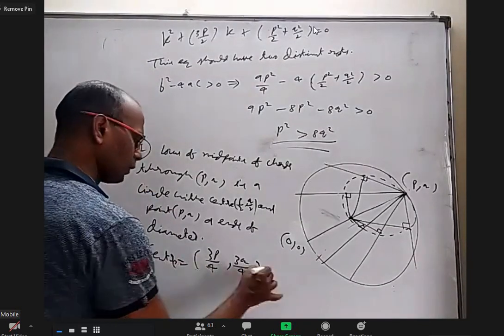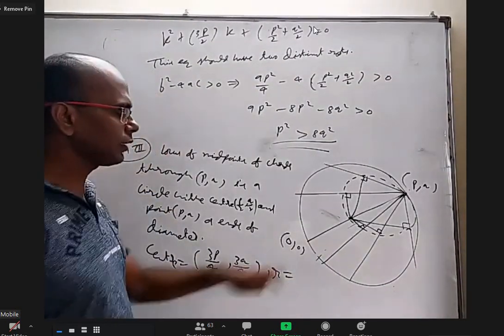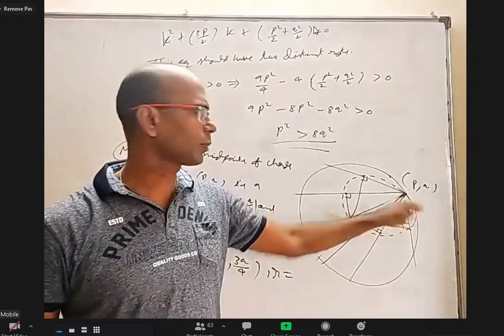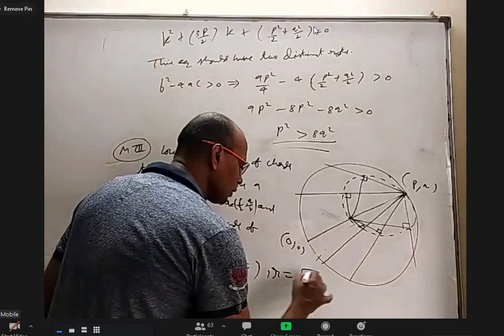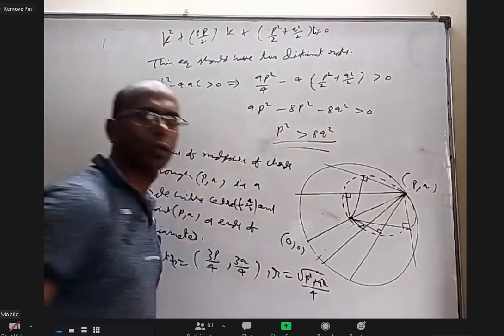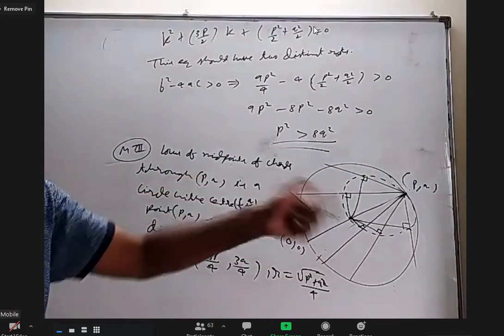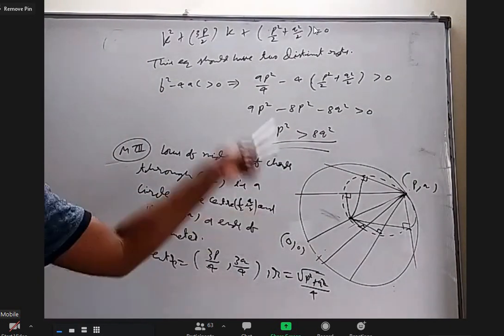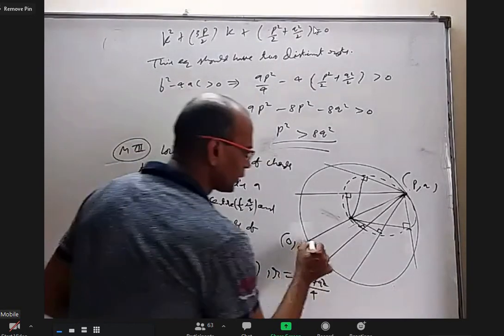And what is the radius of the required circle? From here to here, root P square plus Q square. This will be root P square plus Q square by 2, and half of that, it will be root P square plus Q square by 4. So the locus of all the midpoints is a new circle with this as the center and this as the radius. And for that circle, what should happen?